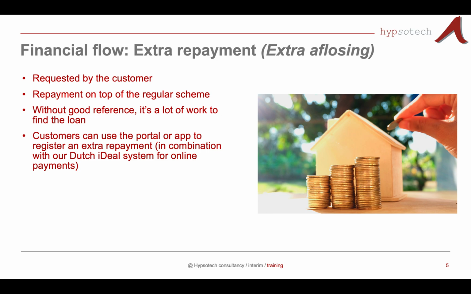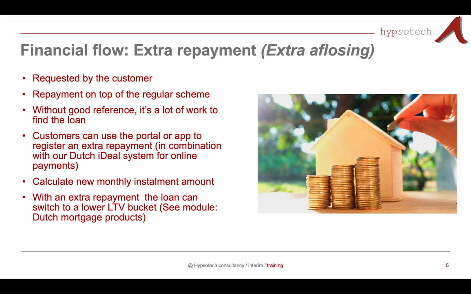We can do very easy extra payments, and because it's online in the mortgage administration, we are able to process the extra repayment directly and can send the consumer information about, let's say, the new capital in the loan and maybe his new monthly installment amount. So that's much easier and less work than it was a couple of years ago.